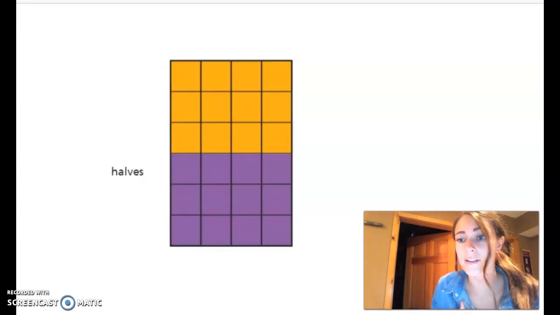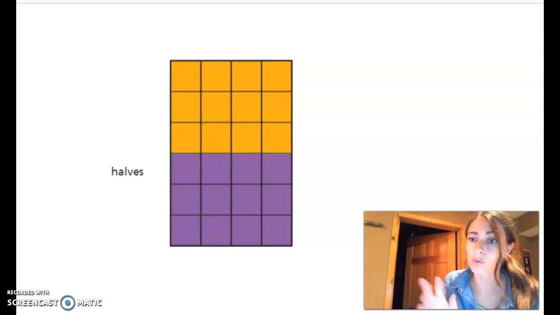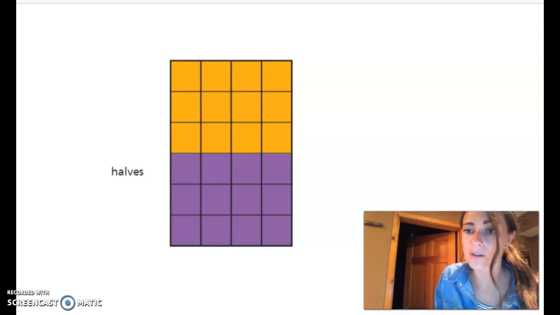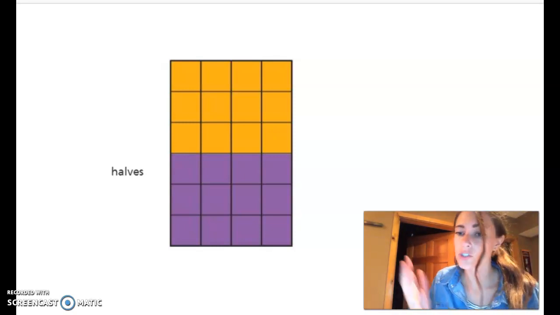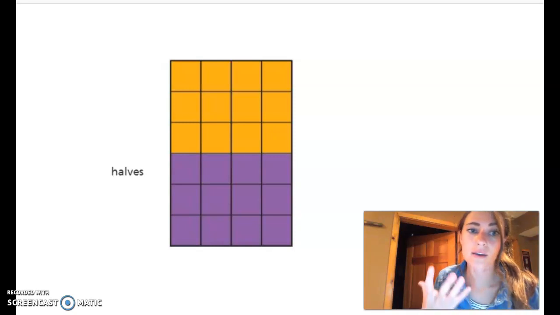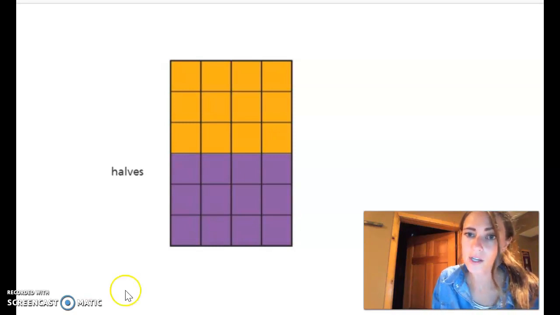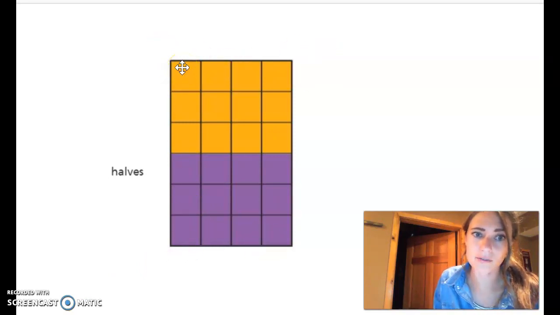So if we were in class together, I would normally have you pair up with someone and combine your tiles together so that you have enough tiles. But let's quickly show how we can break a rectangle into 2 halves, 3 thirds, and 4 fourths. Okay, so if you had enough tiles, you could break up your rectangle of 6 rows and 4 tiles in each row, and it would look like this.